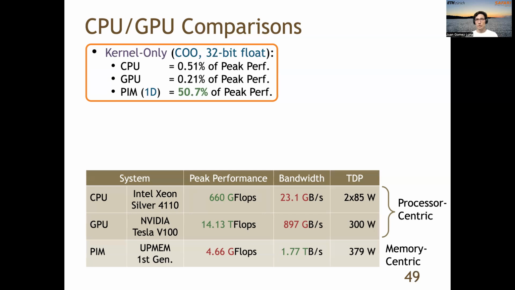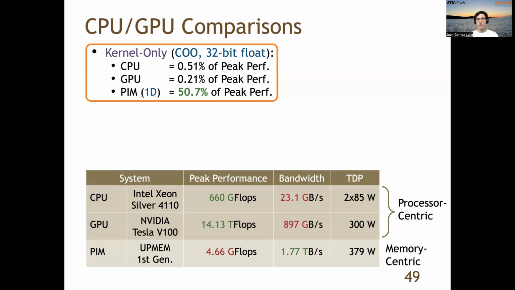And this shows that CPUs and GPUs are way imbalanced in terms of the ratio between peak performance and memory bandwidth. And they are clearly not so well designed for these kinds of workloads.